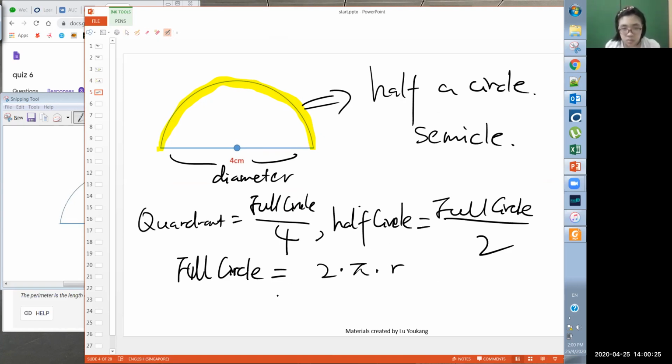So what is r here in this case? Is your r 4? Yes or no? What did you say this is? Just read it. Diameter. Then the diameter is what?